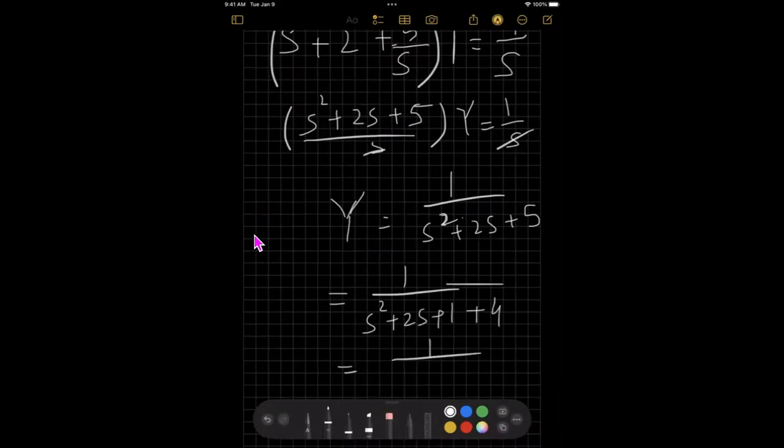So it will be 1 over (s plus 1) squared plus 2 squared. Now you can take the inverse Laplace and find your solution. You just have to use the formula. Any question about this problem?